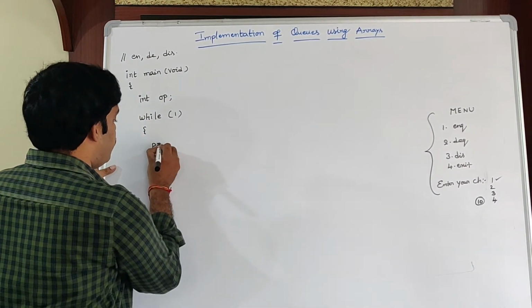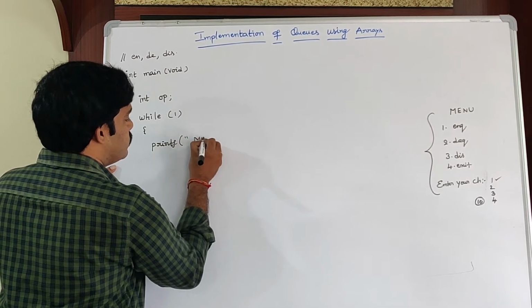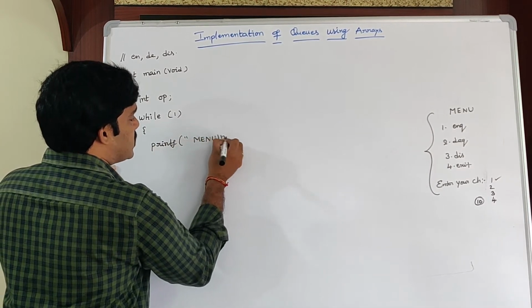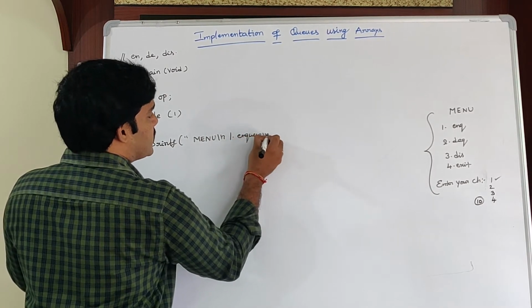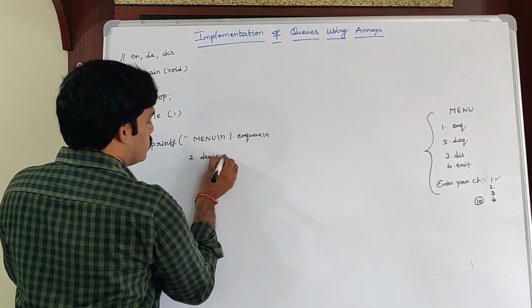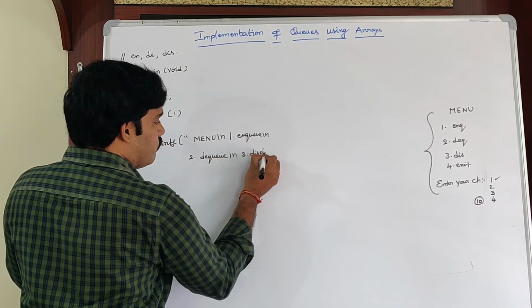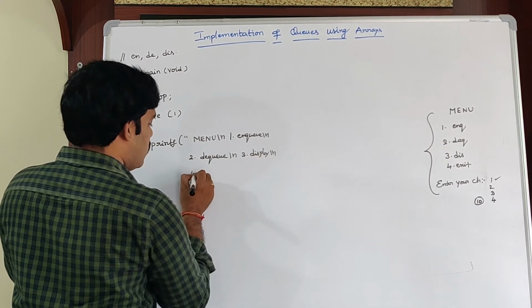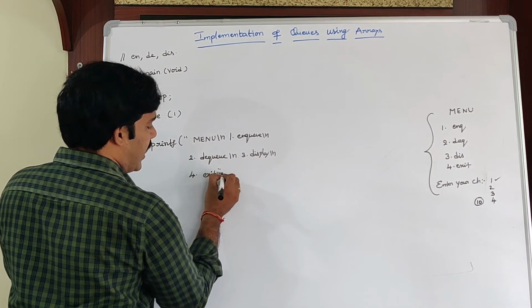Next, printf menu \n, 1 is NQ \n, 2 is DQ \n, 3 is display \n, 4 is exit \n.